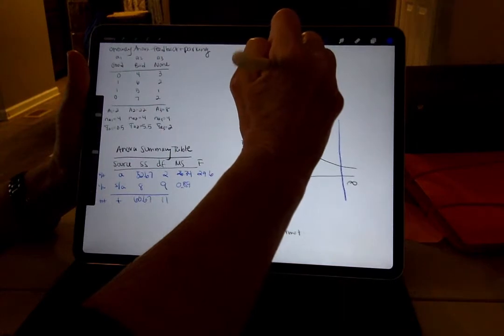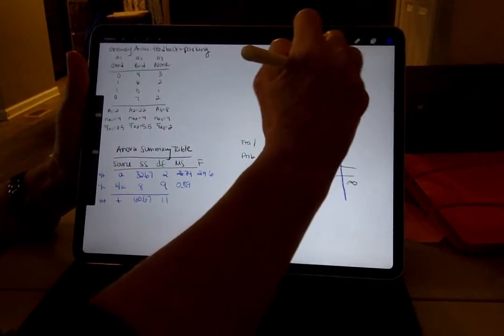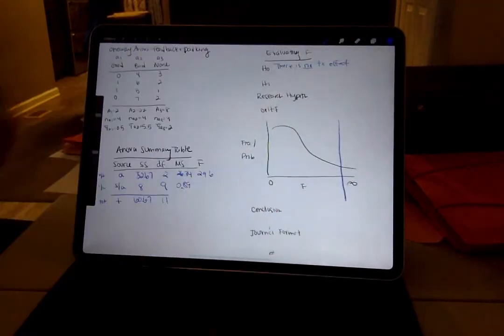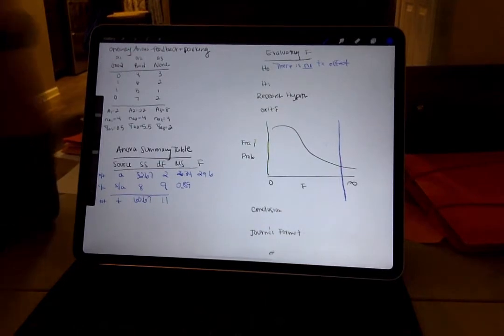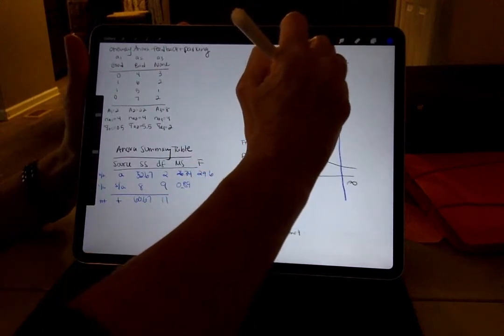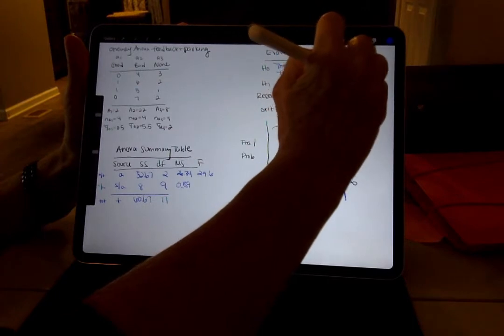So remember, our null hypothesis is there is no treatment effect. Right? And remember, there's lots of different ways to say this. You could also say the means are equal.